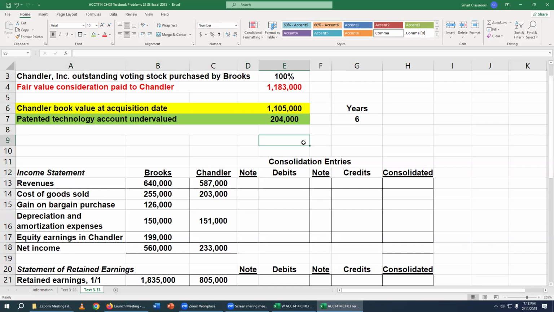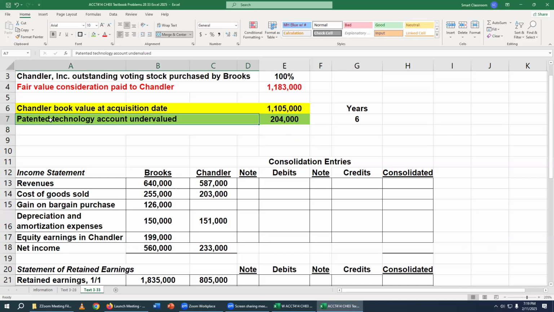All right, so what's going on here? Do we have goodwill? This is undervalued, so this is going to be the excess asset. The patents are undervalued, so you have to add this in. The 204,000 needs to be added into the assets.